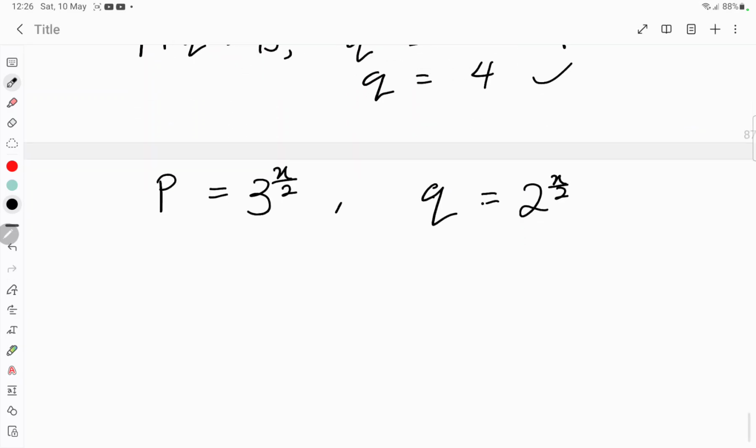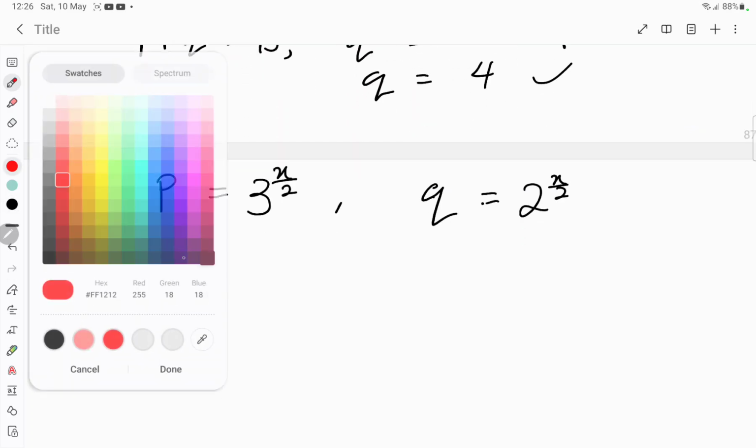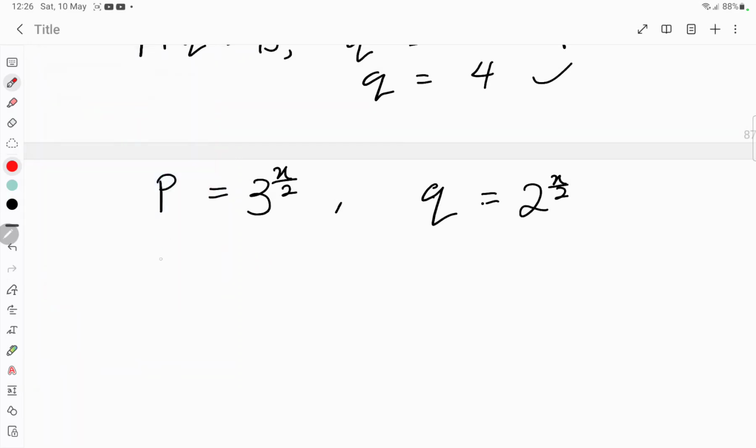So those are the two terms for p and q. If you understand well, you can now see that p is 9. So 9 is equal to 3 power x over 2.